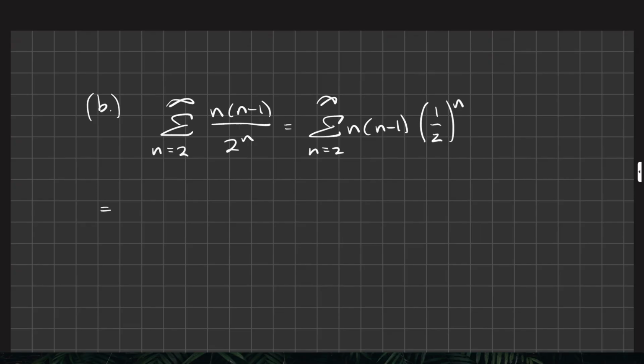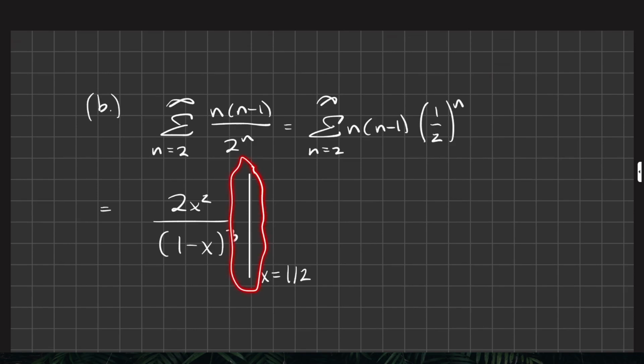Okay, so remember, we know from what our function representation is, we can find this to be 2x squared over (1 minus x) cubed, and we're evaluating that at x equals 1/2. That's what this notation is. Hopefully you remember from Calc 1, when we use this big vertical bar, it's a shorthand for saying evaluated at x equals 1/2 in this case.